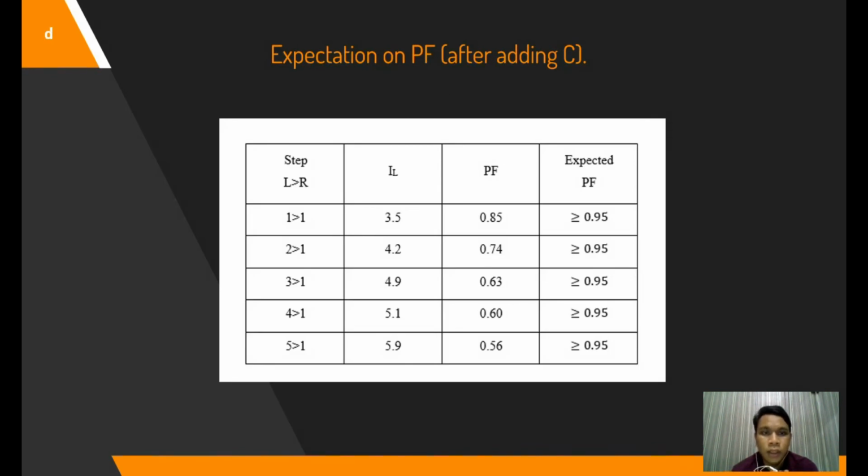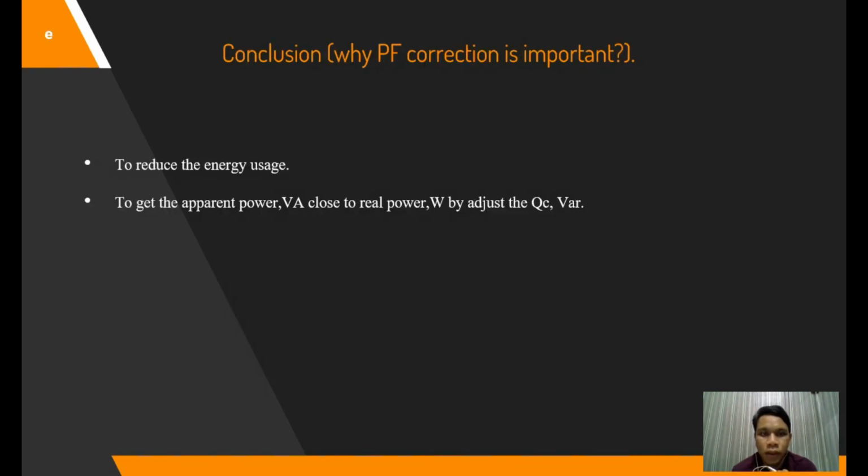Next will be question D, expectation of power factor after adding C. From the calculation, the expected power factor will be greater than or equal to 0.95 because the desired power factor is 0.95.